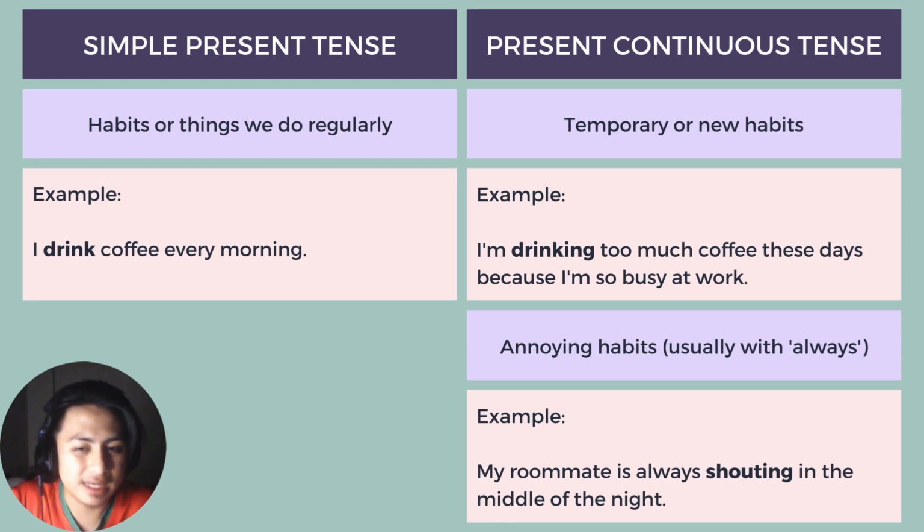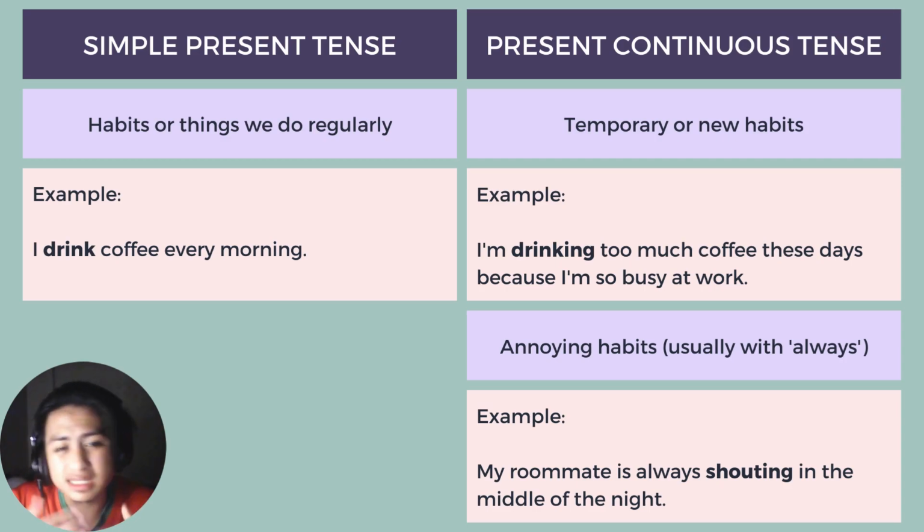So drinking is the present participle. So back to the example, I'm drinking too much coffee these days because I'm so busy at work. So basically, these days indicates that it is a new habit that I do, like drinking too much coffee. Like drinking too much coffee is the habit that I newly acquire.